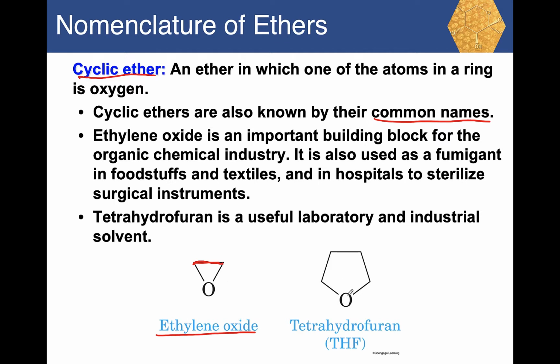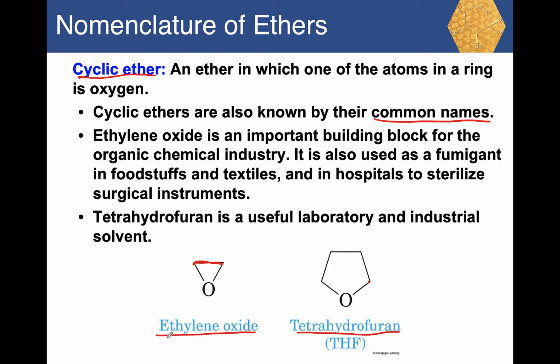So here's another one. Oxygen, here's an alkyl group, and here's another alkyl group, but it's part of a ring system. This is known as tetrahydrofuran, THF. It's a solvent.